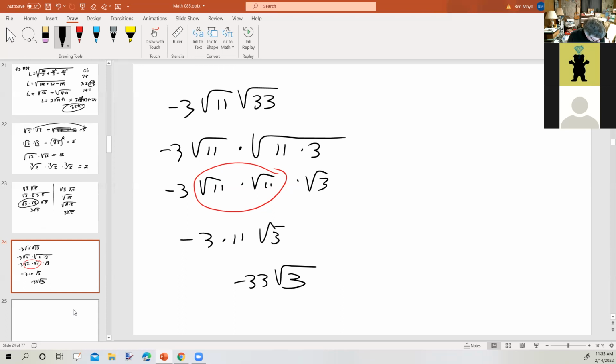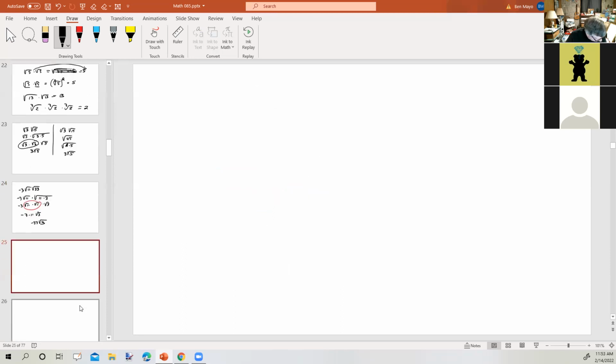Okay. As is often the case, life is going to get more complicated. 2 cube roots of 16 times negative the cube root of 4. Well, let's see here.